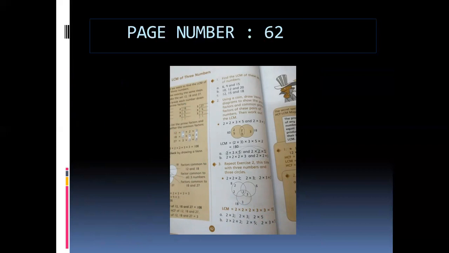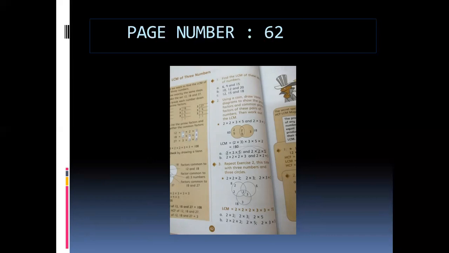There are three questions on page 62, questions 1, 2, and 3, and all the parts of these questions are included. But in questions 2 and 3, there are Venn diagrams, and through the diagrams, we show what is the LCM of the broken pair of numbers.